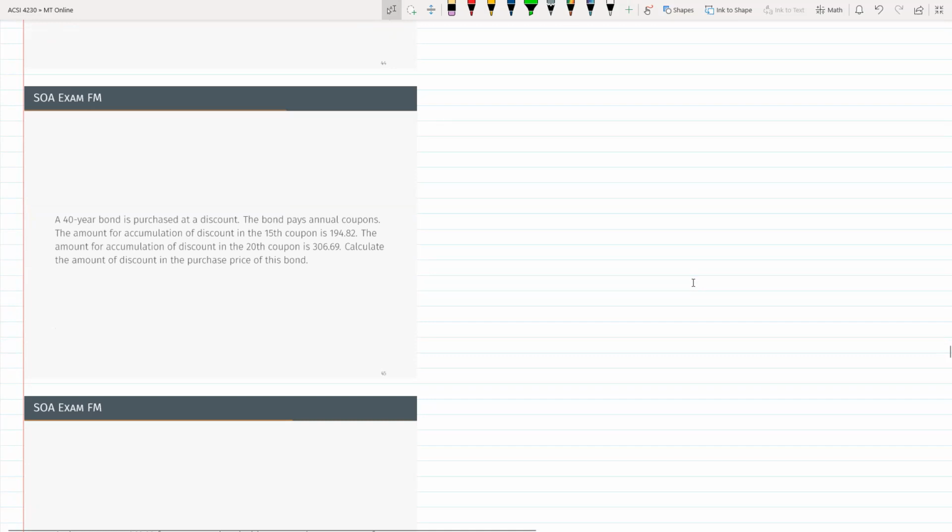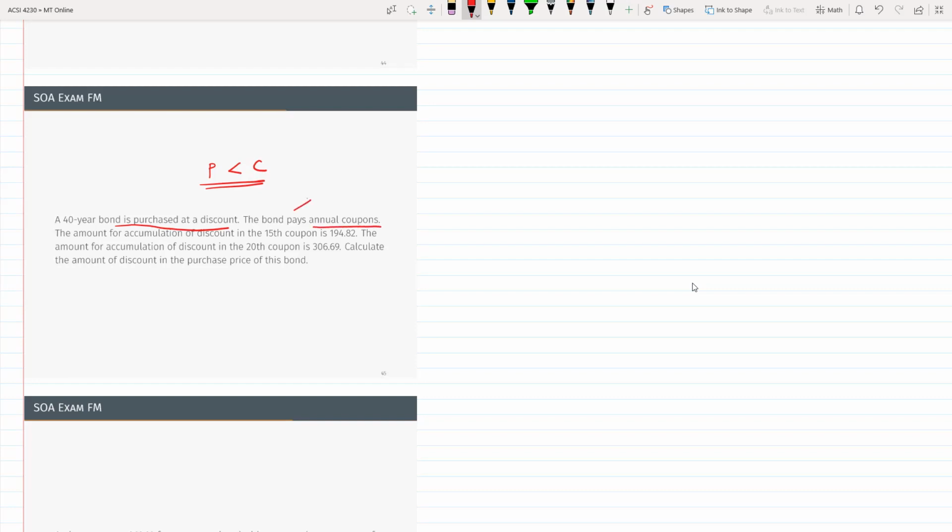Okay, so now let's see what kind of question they would ask in the exam. So this one says a 40-year bond is purchased at a discount. So what does that mean? Let's think about that line. So that means basically price is less than redemption amount. Okay. The bond pays annual coupons.